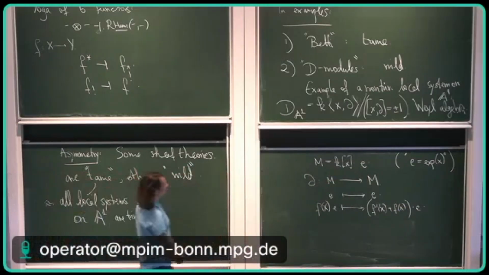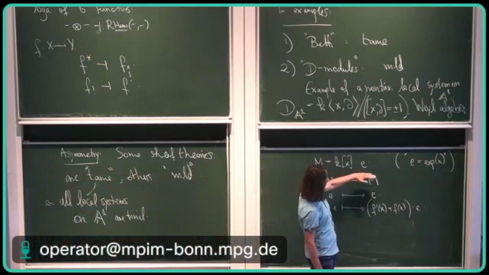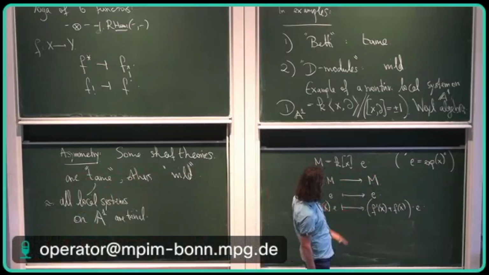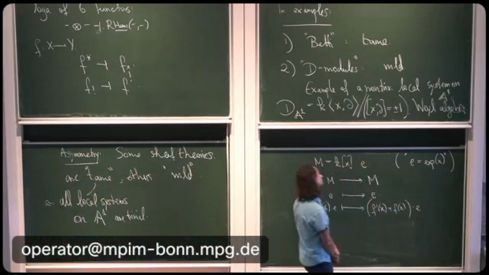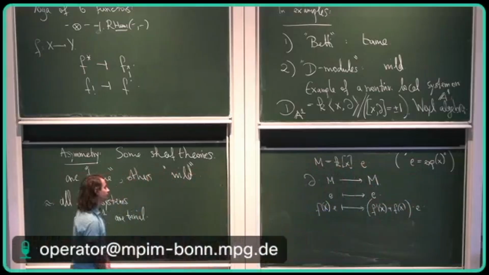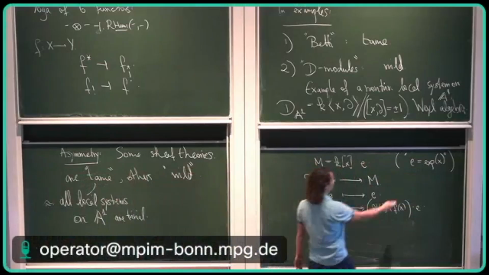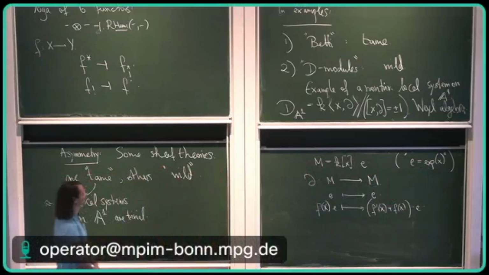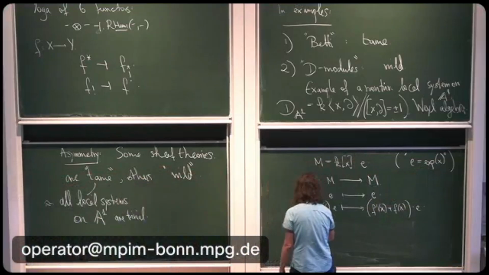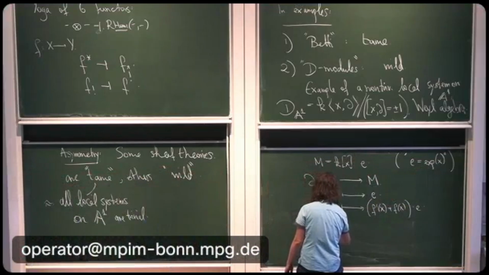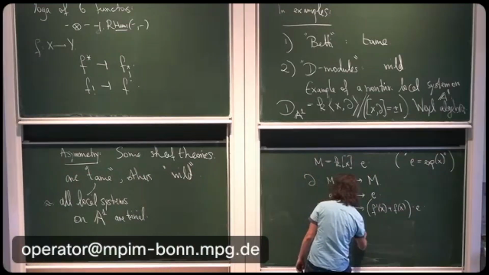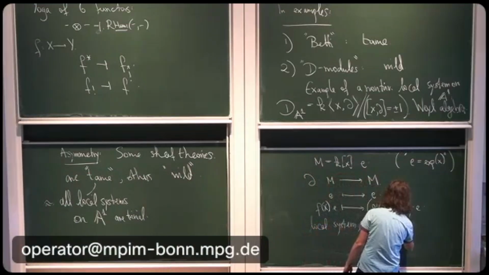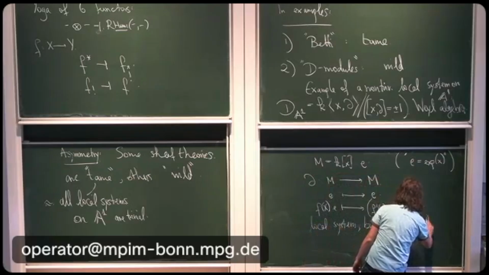But it's not trivial, because if it was trivial, then this would mean that you can find a solution to this differential equation, nabla of something is equal to something, or minus something. But this cannot be solved in polynomials, because the solution would have to be the exponential. So it is a local system, but non-trivial.